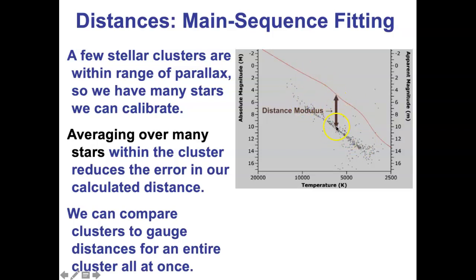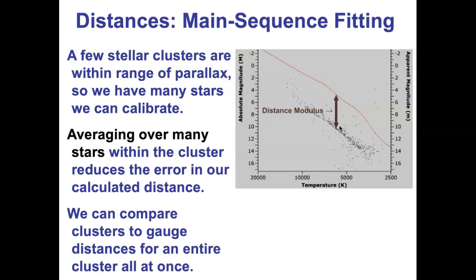Why is there a difference between absolute and apparent magnitude? The only reason why these stars look fainter is because they must be farther away. So by plotting this magnitude versus temperature diagram for these stars in the star cluster, you can look at this and go, well, these stars are so many magnitudes fainter, therefore it must be this many parsecs away.